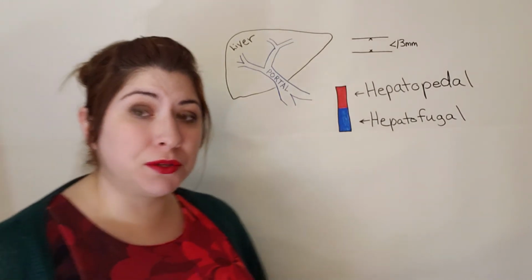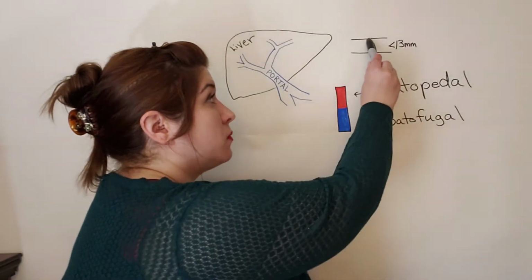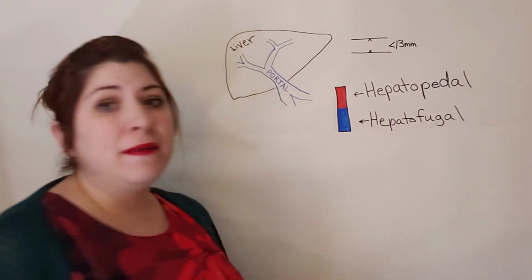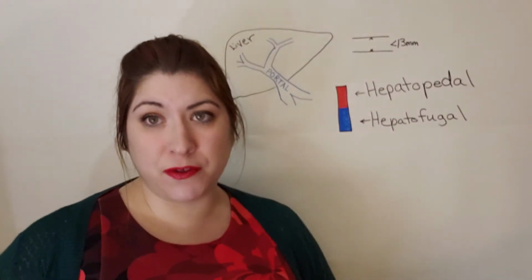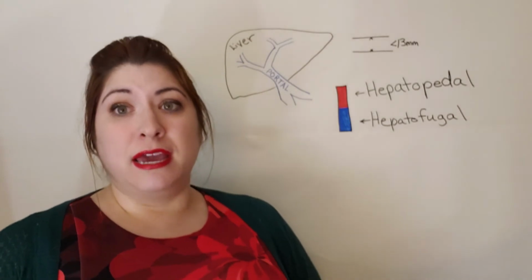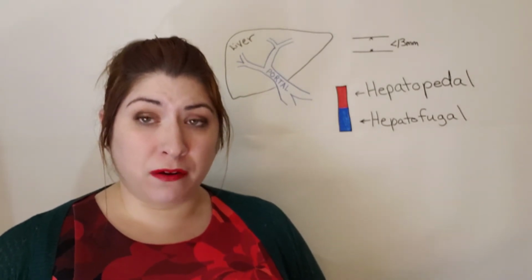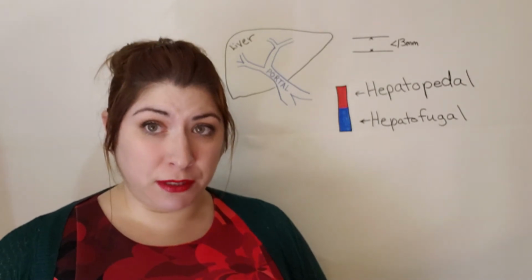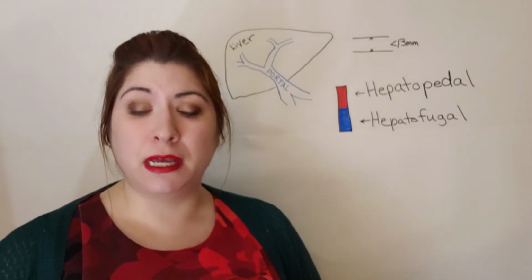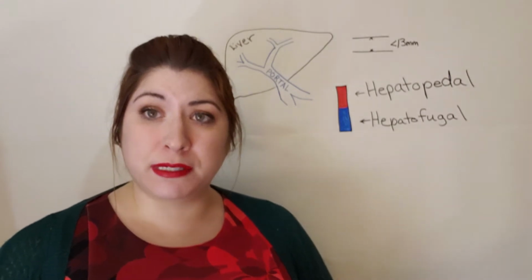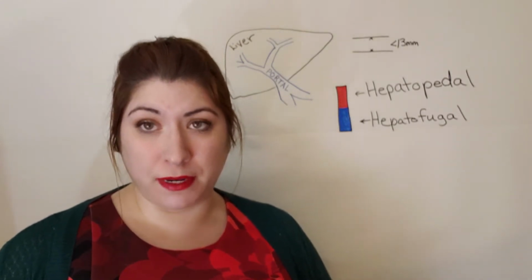The first thing that we want to look for in a portal vein is its size. When we go to measure the portal vein, we're going to measure it inside wall to inside wall, and that measurement should be less than 13 millimeters. If it's greater than 13 millimeters, that's going to be a pretty good marker for portal hypertension. And portal hypertension is going to be an increase in blood pressure within the portal venous system.